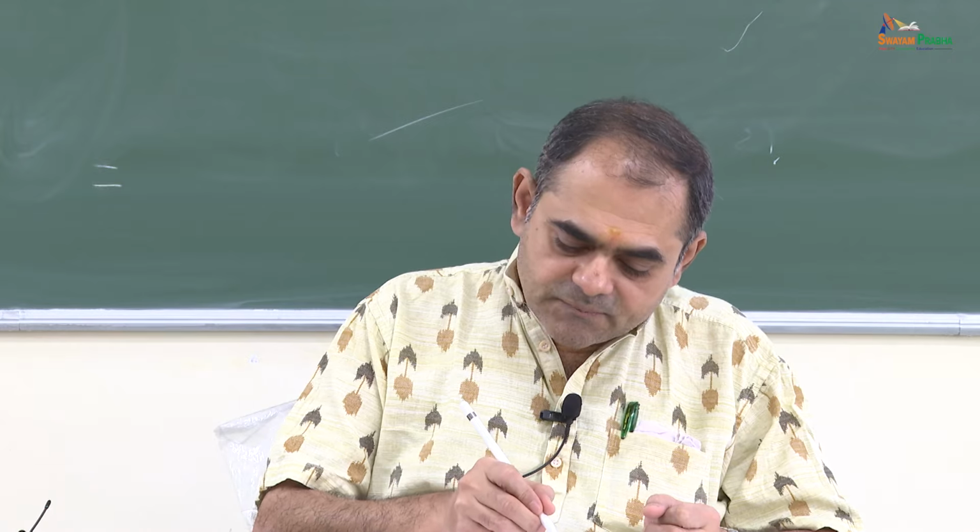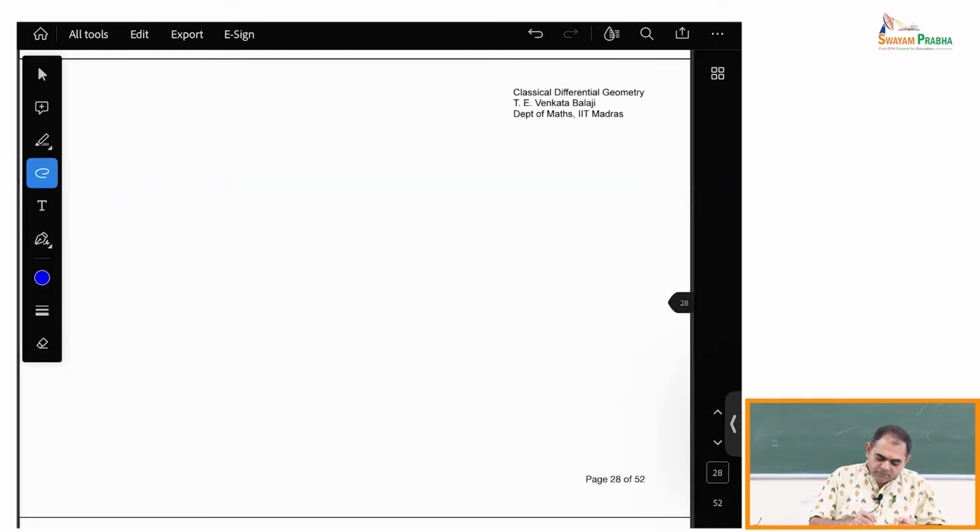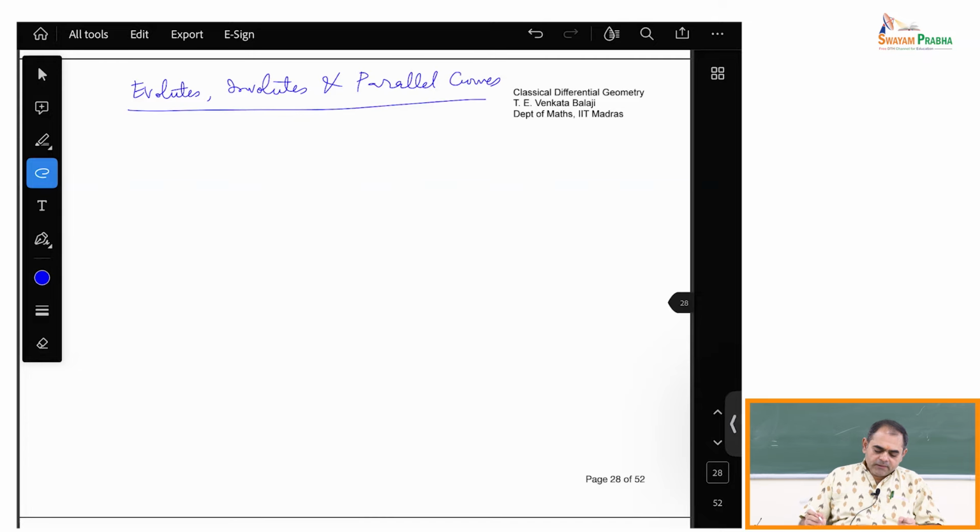So let me write this: evolutes, involutes, and parallel curves. We begin by recalling what the evolute of a curve is. Basically, you have a curve, and of course you assume it is a regular curve.